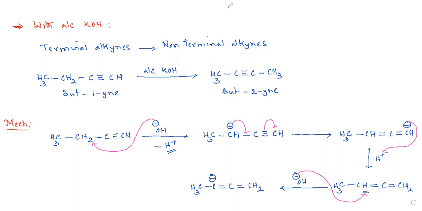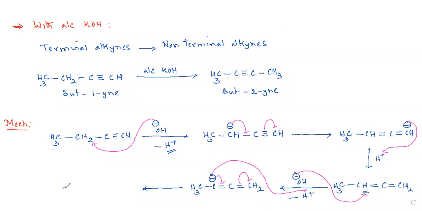That's it. See, as and when this comes here, we are going to get our terminal alkyne. Now even here also, we have removed the H plus. Now that H plus is what we are going to add. Let us take it here.